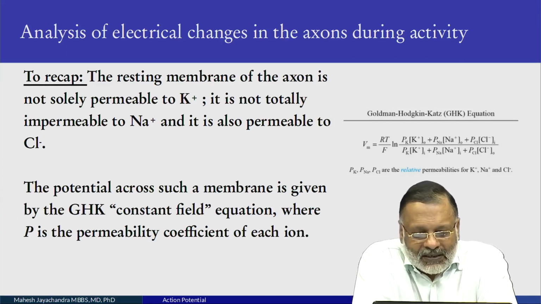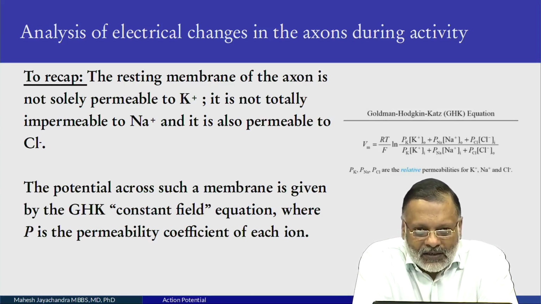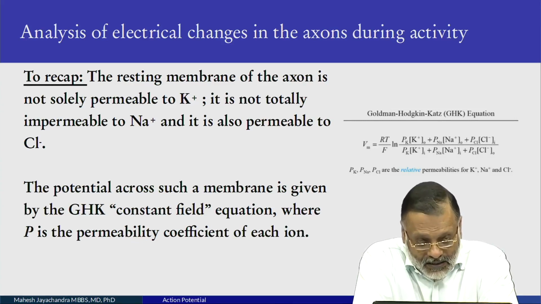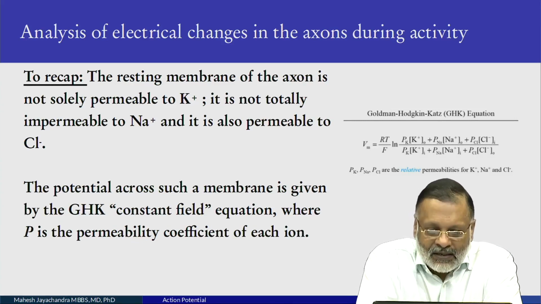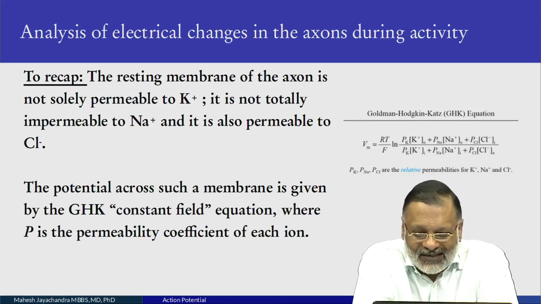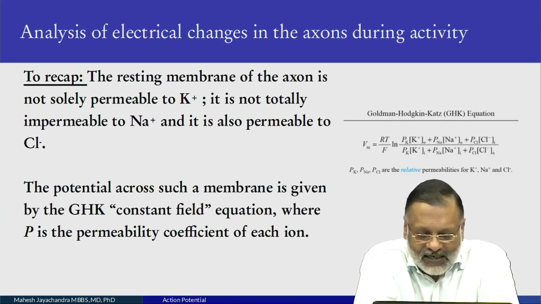We went through it in an earlier lecture. Instead of just potassium, which gives only the potassium ion effects, we also add in sodium and chloride, and we call it a constant field equation because we assume that within the phospholipid membrane the potential is constant. When you put all these things in, you get a realistic value of the resting membrane potential.